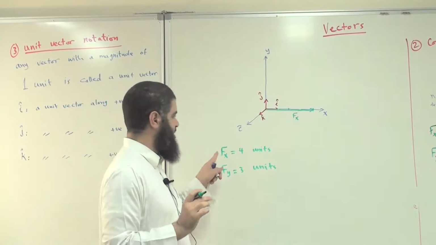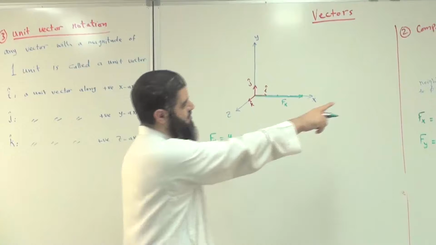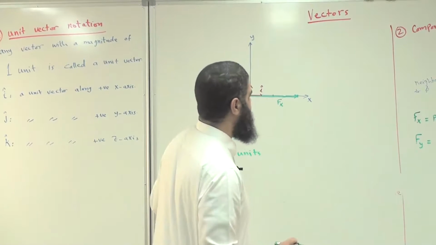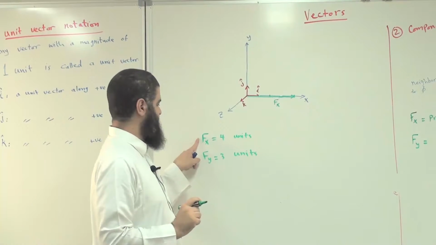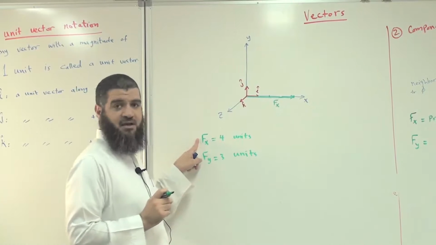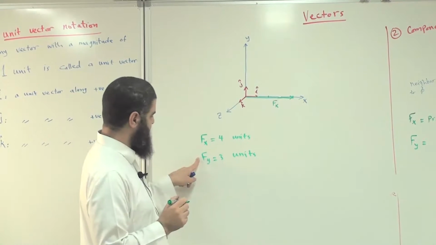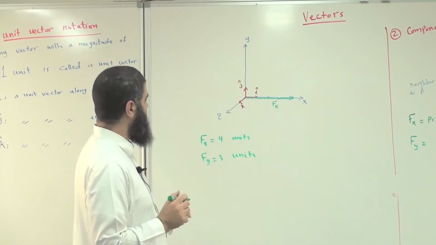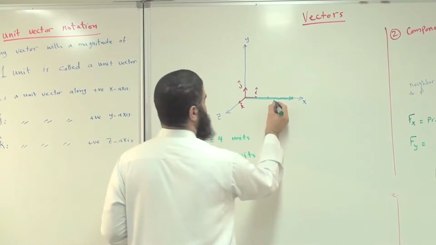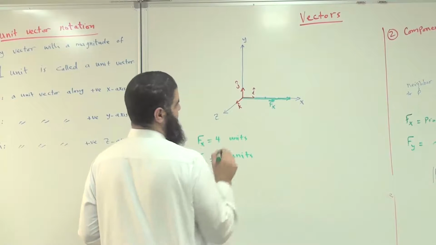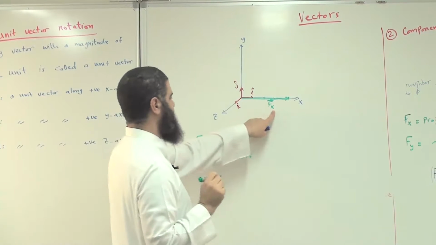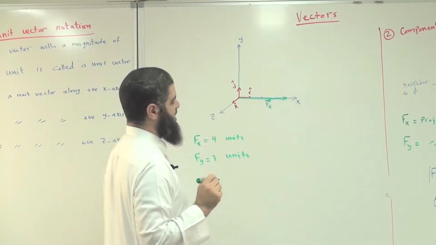Let me repeat it. So my force vector, which was given in step number 2 there, let us assume it has 4 units along the positive x-axis, okay, and it has 3 units along the positive y-axis. So this is basically Fx, okay, it has a magnitude of 4 in the positive x direction.